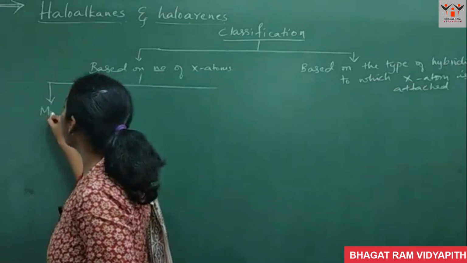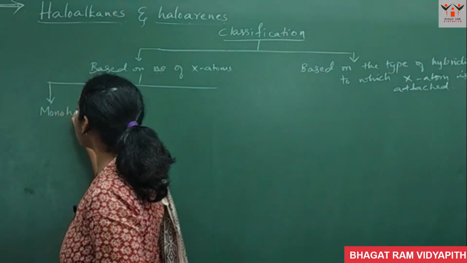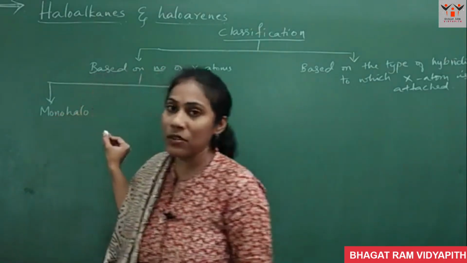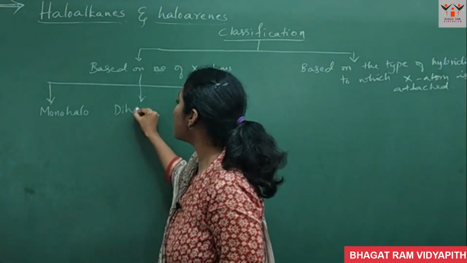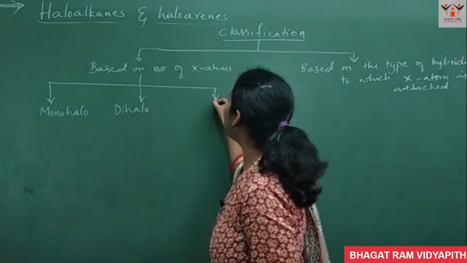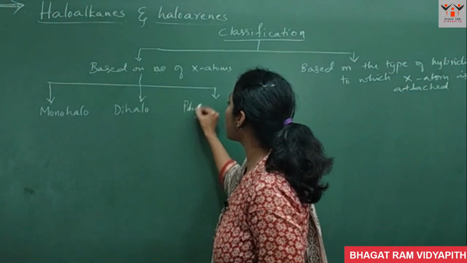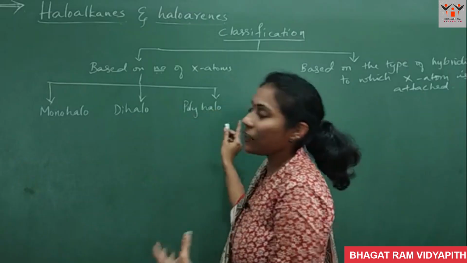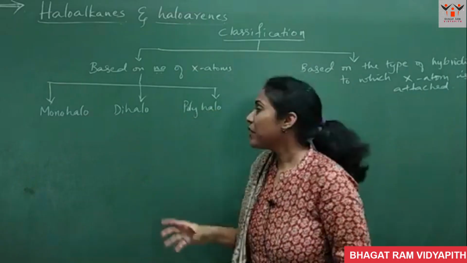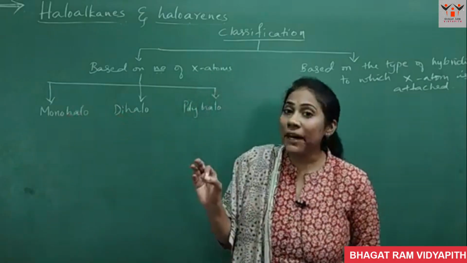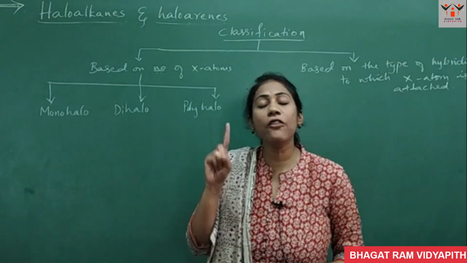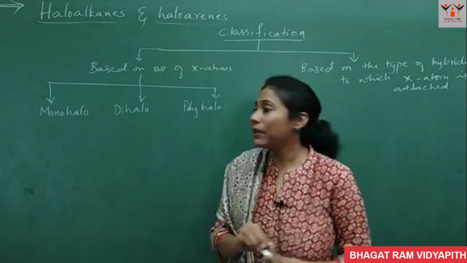First one is monohaloalkanes, monohalo compounds. Second one is dihalo compounds, and third one polyhalo compounds. So the name itself tells you everything. What do you mean by monohalo compounds? The compounds that have only one halogen atom.